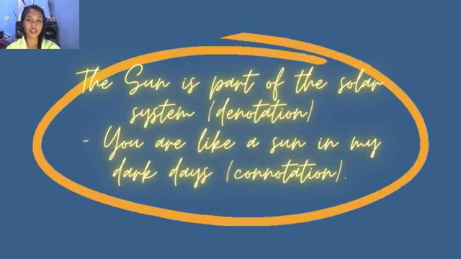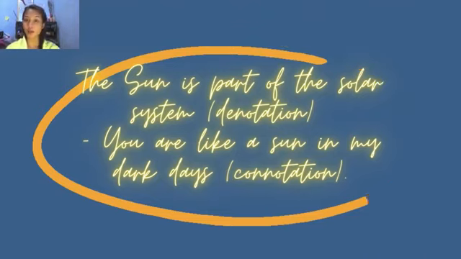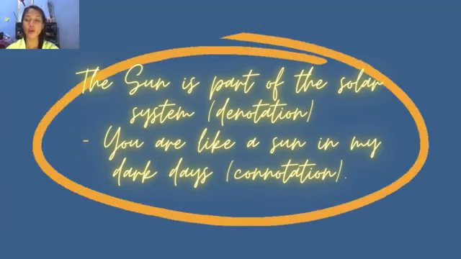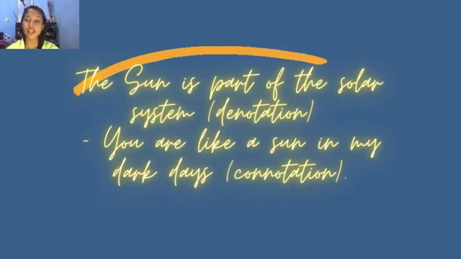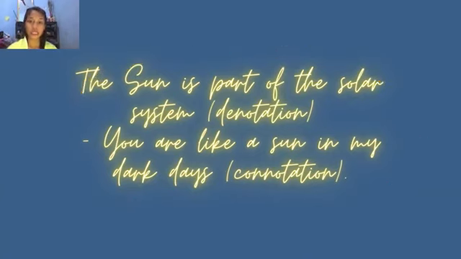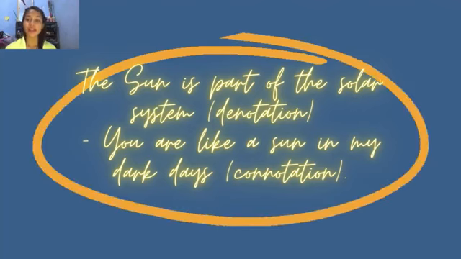For denotation, the sun is a part of the solar system, which is a scientific observation of that picture. However, in connotation, you are like a sun in my dark days. So that's the difference of connotation and denotation for interpreting that image.